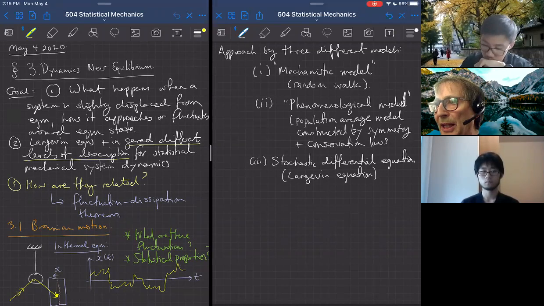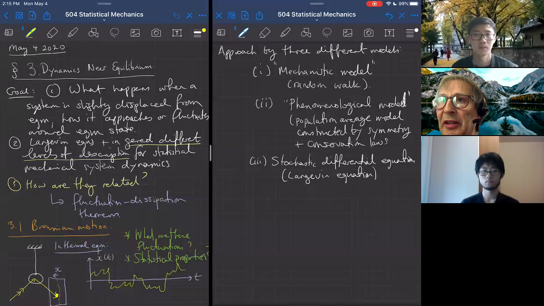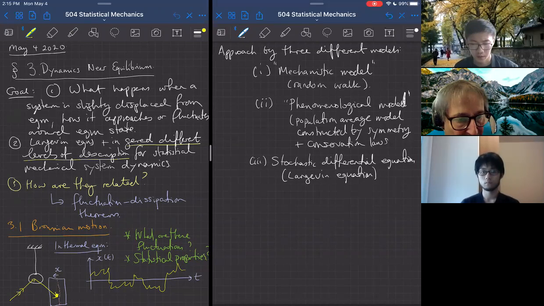It sounds complicated, but in fact, it's very easy to do, and we'll see that it tells us a lot of very interesting things. So I'm going to turn off the chimes, and let's get started then with model number one, which is the random walk model.